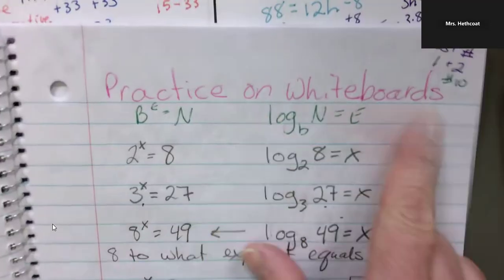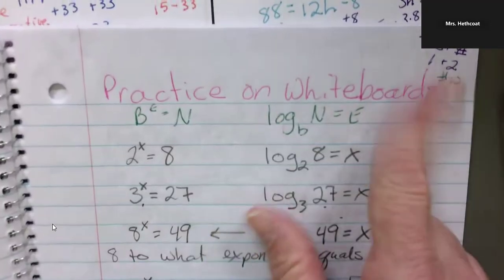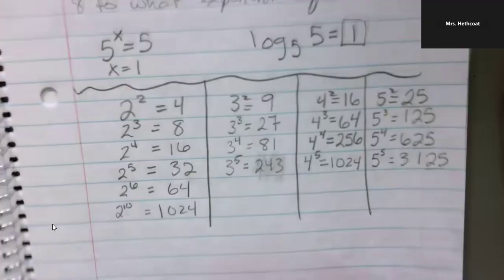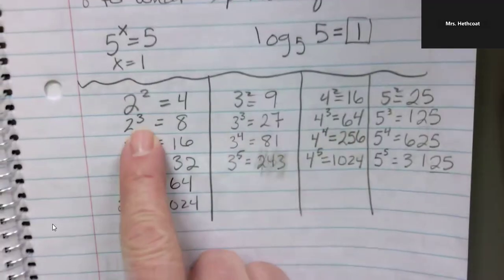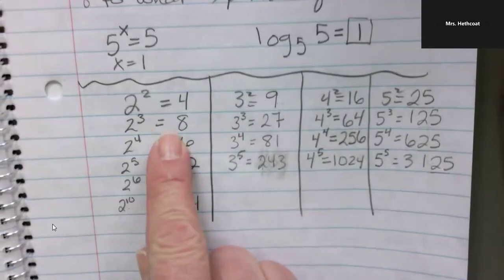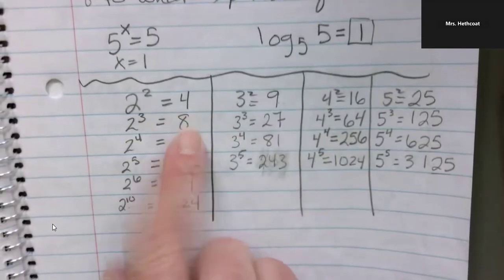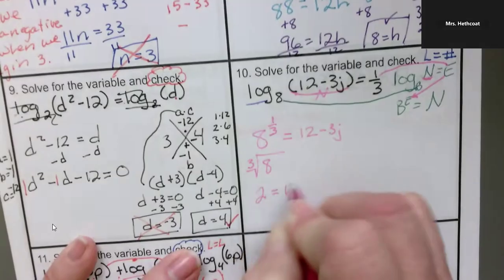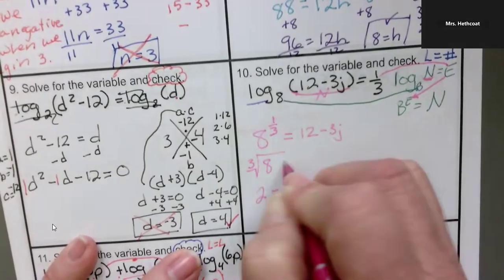Oh, notice I wrote in my notebook that test numbers 1 and 2 are from this section. But at the bottom, we wrote that 2 cubed equals 8. So that should also tell us that the cube root of 8 equals 2. So that means I have 2 equals 12 minus 3J. You could also have written it here.